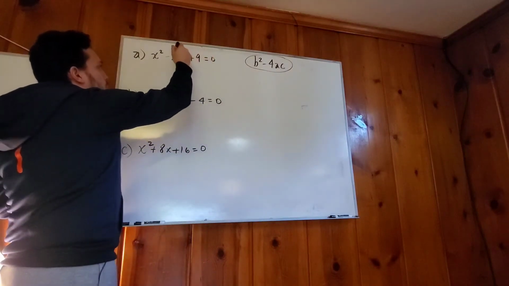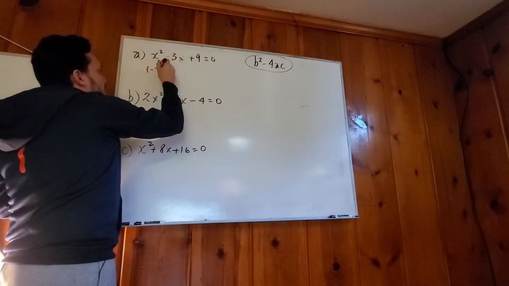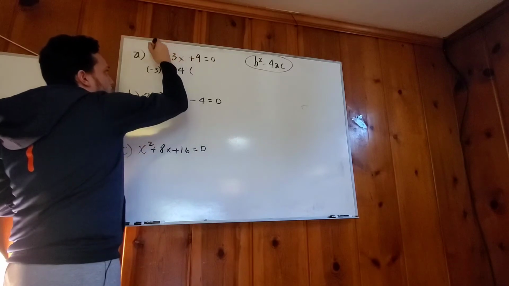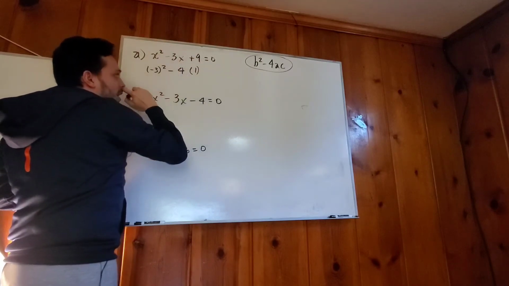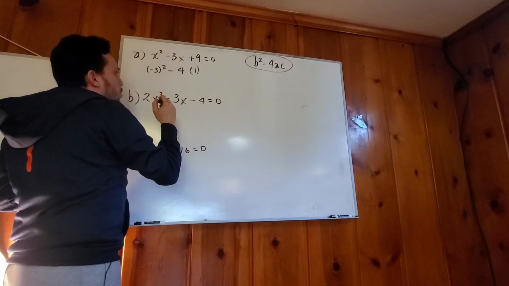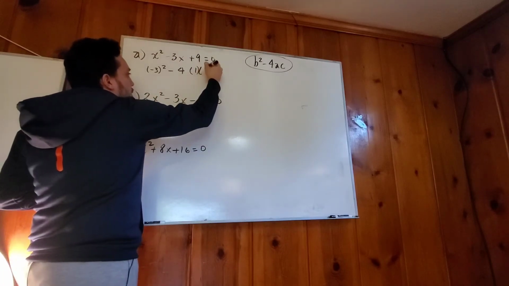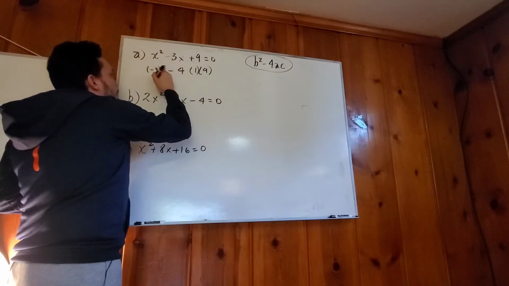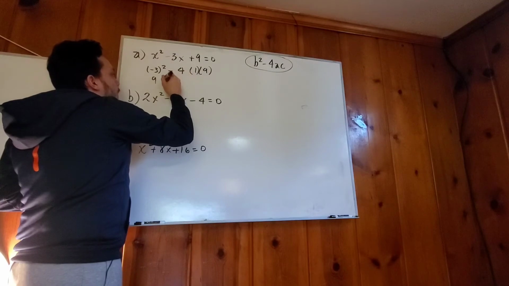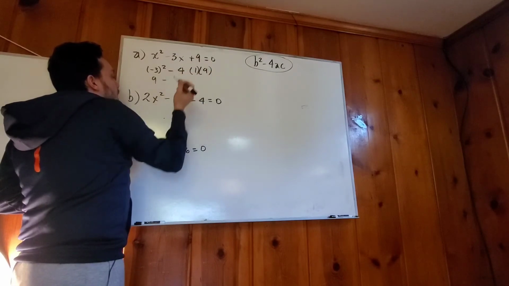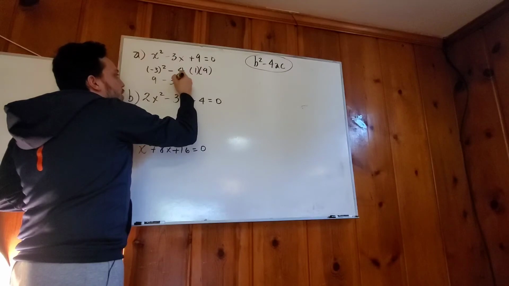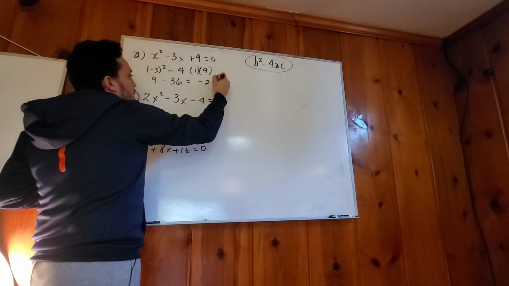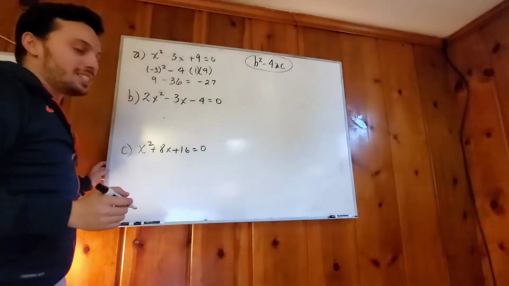We have b being negative 3, so it's going to be negative 3 squared minus 4 times a. A is 1 because I have no coefficient for my quadratic term, and 9 is going to be my c. So negative 3 squared is 9, minus 1 times 9 times 4, which is 36. 9 minus 36 gives me negative 27.